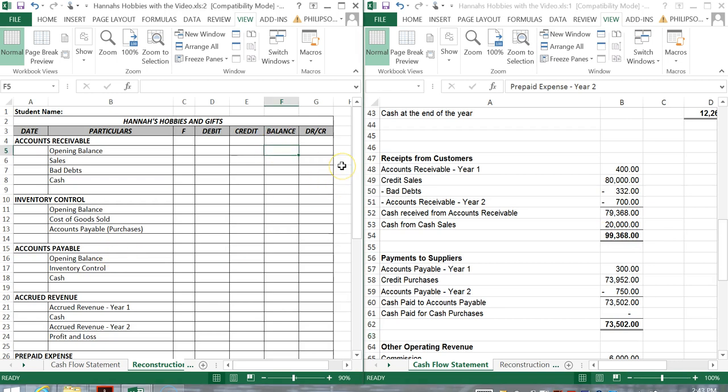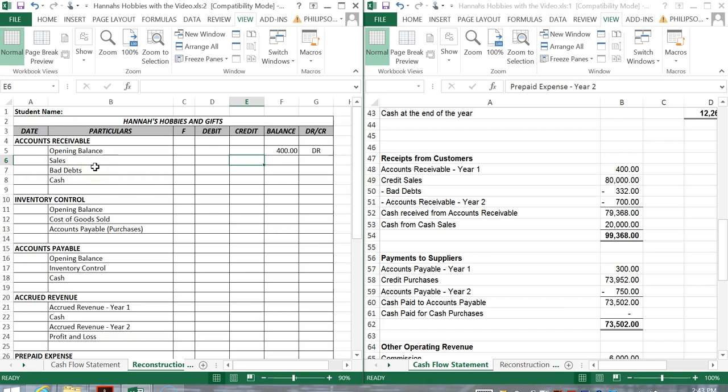Our accounts receivable has an opening balance from the previous year of $400. Our opening and closing balances still retain their normal nature. However, it's the in-betweens that we use to work backwards. So sales, we're just using credit sales here because we're rebuilding accounts receivable.